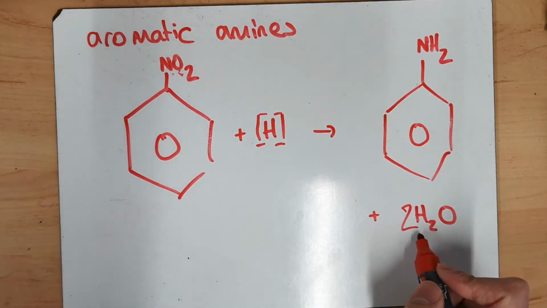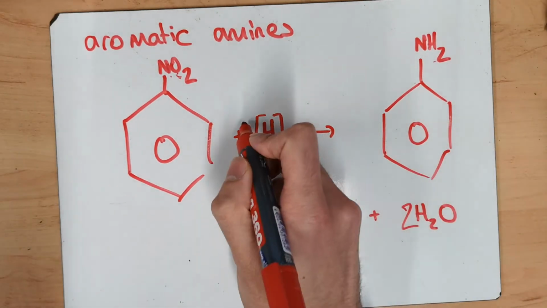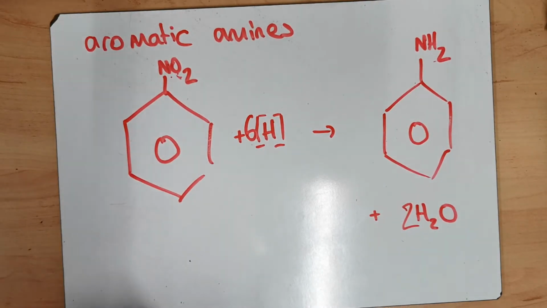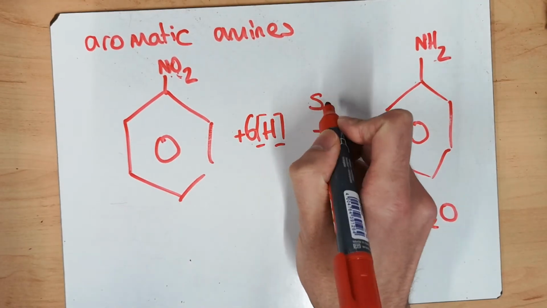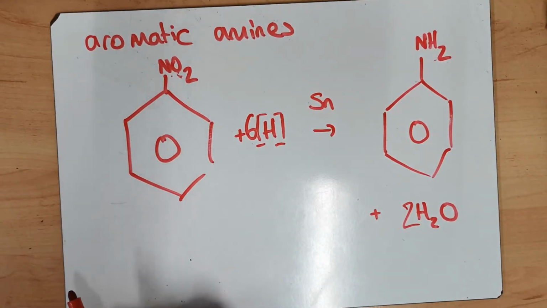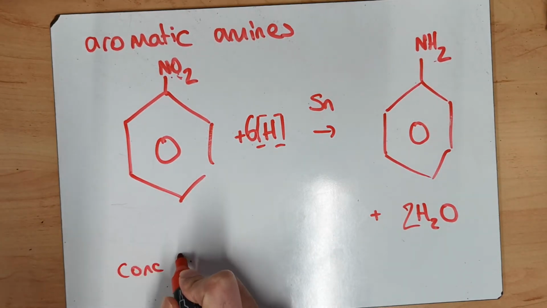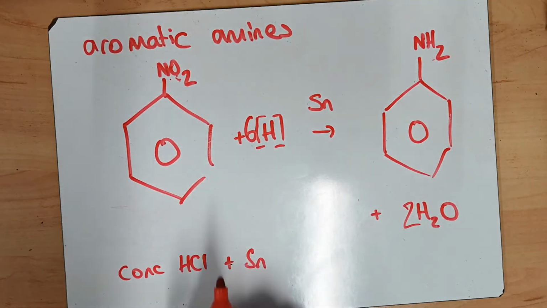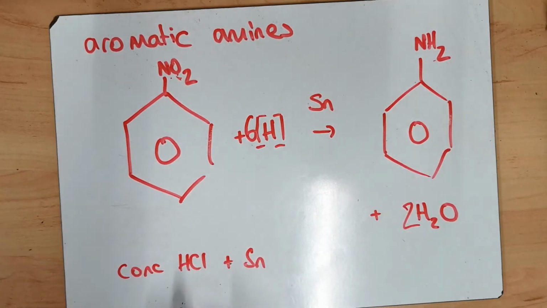So that gives me 4 hydrogens there, 2 hydrogens there, so a total of 6. So I need 6 hydrogens there, and we use a conc hydrochloric acid to get there. Although this is balanced, we need a catalyst, and the catalyst we're going to use is tin. So we're going to use conc HCl plus tin as our reactants, and that's going to get our NO2 group changed into an NH2 group.